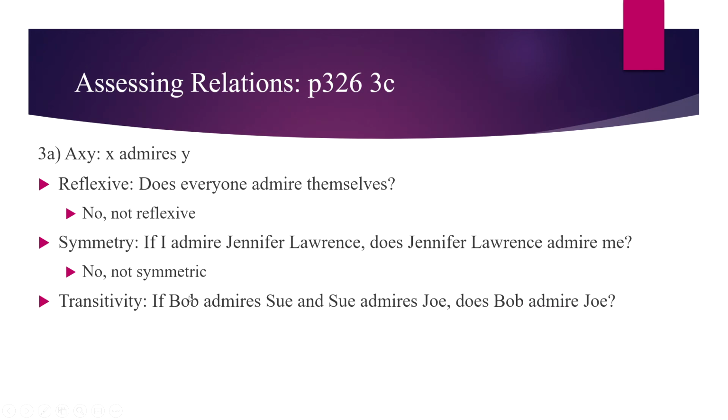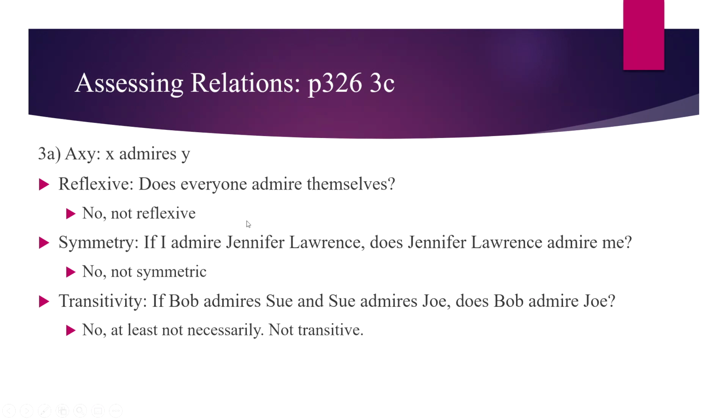And transitivity, if Bob admires Sue and Sue admires Joe, does Bob admire Joe? And the answer here is no, at least not necessarily. We don't admire all of the people that the people we admire admire, as confusing as that sentence is. So to admire someone doesn't have any of these properties. It's not reflexive, it's not symmetric, and it's not transitive.